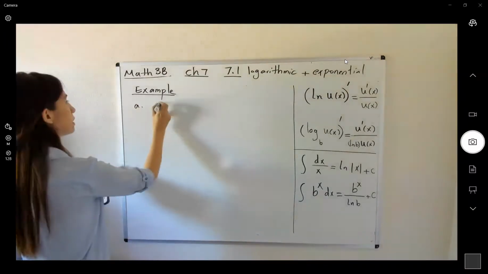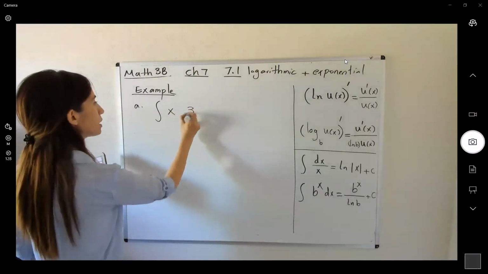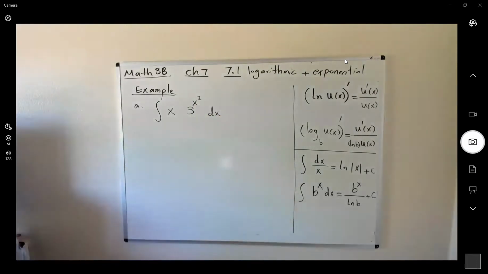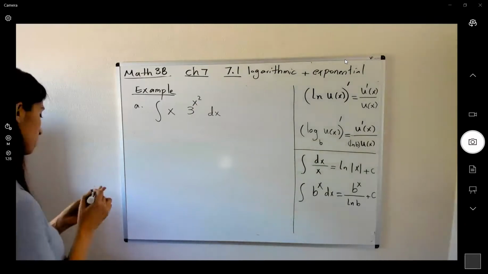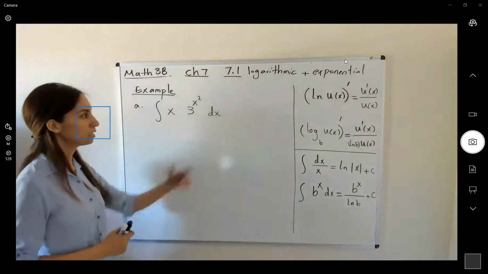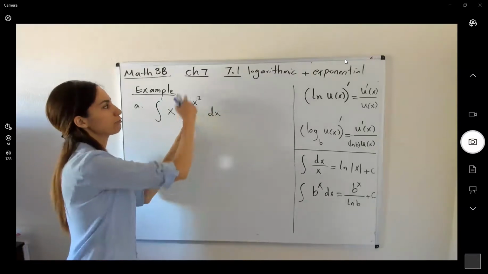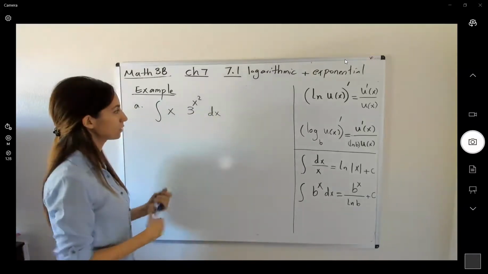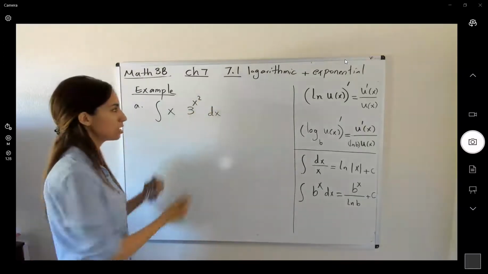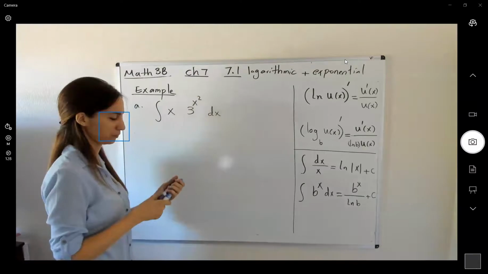Example A. It says find the integral of x times 3 to the x squared dx. There you go. Here you have an exponential function, 3 raised to function x squared. You have a base, 3, and you have an exponent, which is a function. When you have an integral of this format, you look at the exponents.